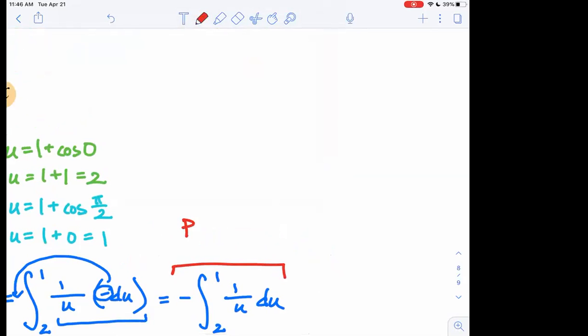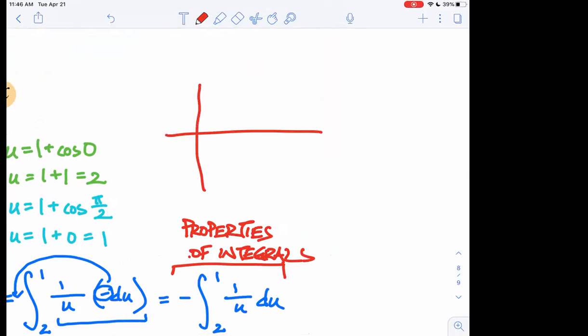One of the properties of integrals says this, that if you are going from left to right, then this area above will be positive.